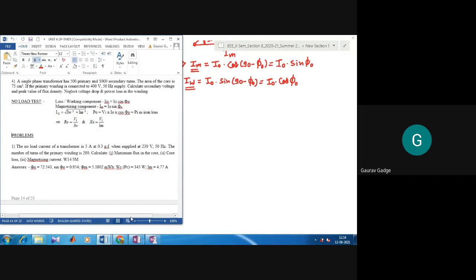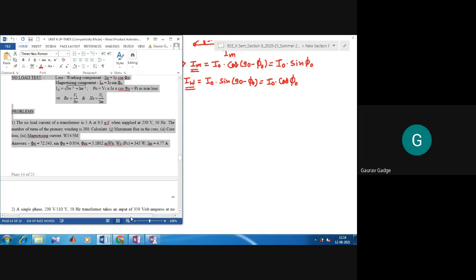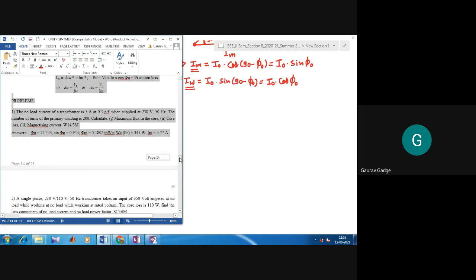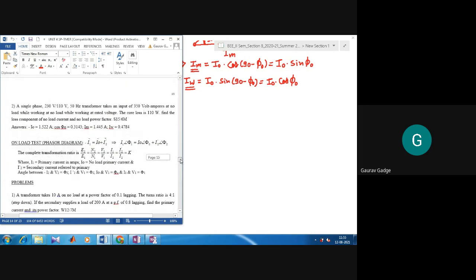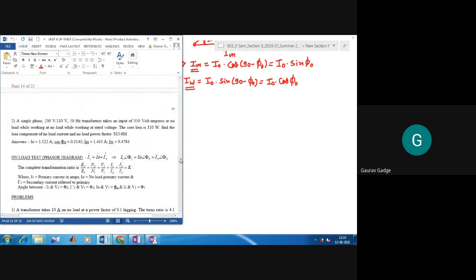Okay, so heading as no load phase. This particular notes and everything is already shared on your Google Classroom.